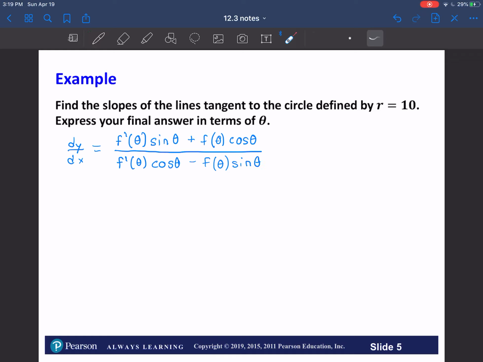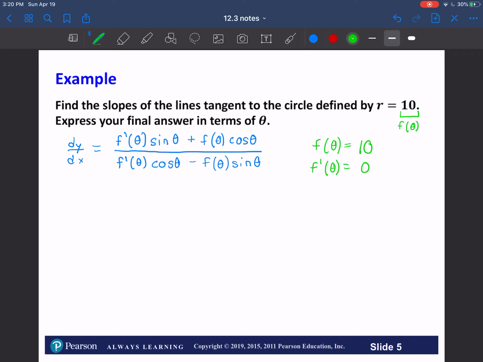Alright, so one thing to note here is that our function f of theta in this example is 10, right? Because we always have r equals f of theta. So this is actually a constant function. There is no theta in this function here, but that's okay. We can still work with that. So if f of theta is equal to 10, then that means that f prime of theta, the derivative of this function with respect to theta, is just 0.